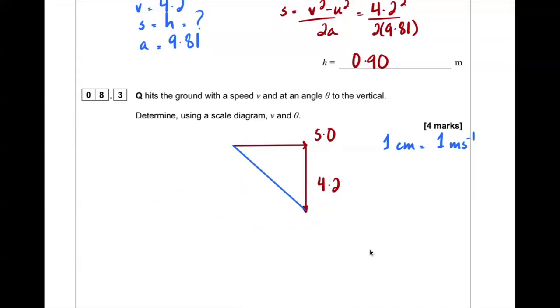The angle with the vertical would be theta. Once you make the scale diagram, you measure the angle, and measure the length of this line according to your scale, and that would be the answer.